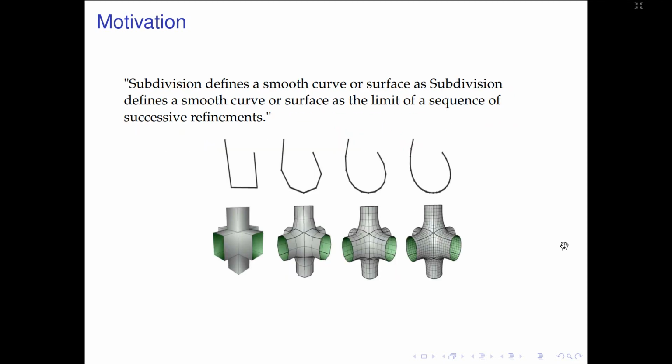Recently a novel notion appeared, which is called the subdivision scheme. The subdivision scheme is defined as a smooth curve, the limit of a sequence from successive refinement, which means we start with an initial control polygon or initial mesh.